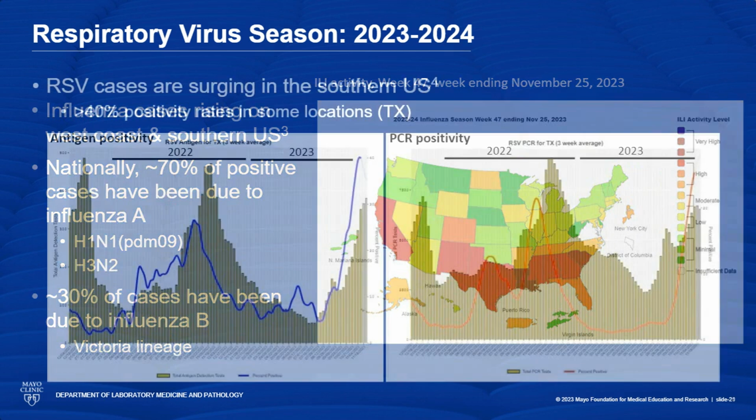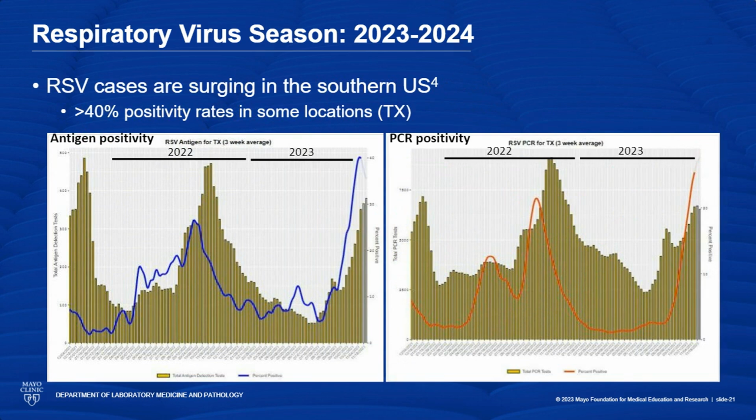What about RSV? RSV has come storming back after being nearly absent in 2020. We saw a summer surge of RSV several years ago, but in 2023, we're seeing high rates of RSV, especially in the southern United States, with certain areas, especially in the state of Texas, reporting positivity rates greater than 40%.